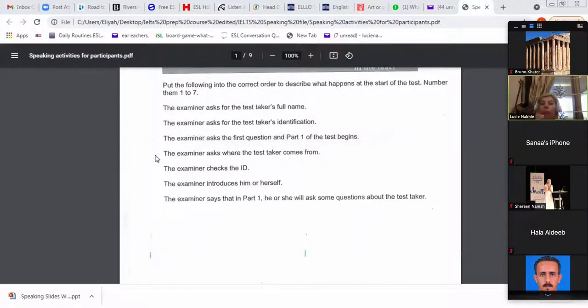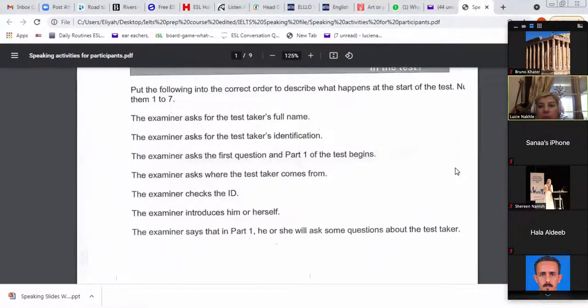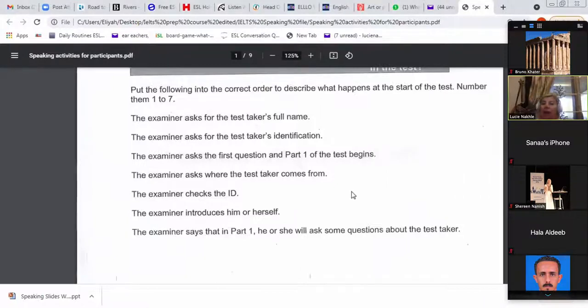I'm going to give you a few seconds to read. Let me make the font a little bit bigger. I'd like you to arrange them in a linear order, in the order that they happen as you go into the room.